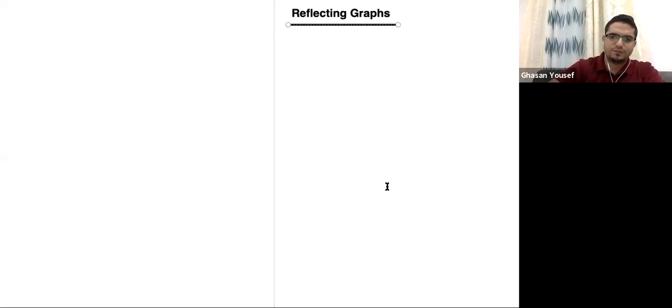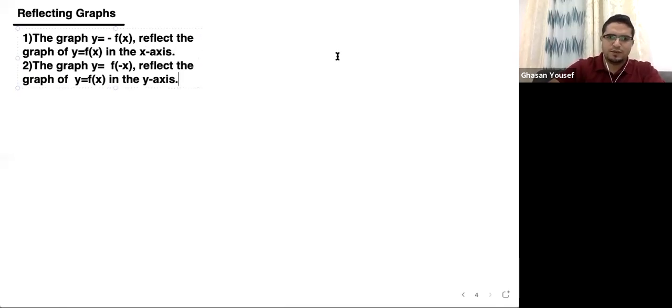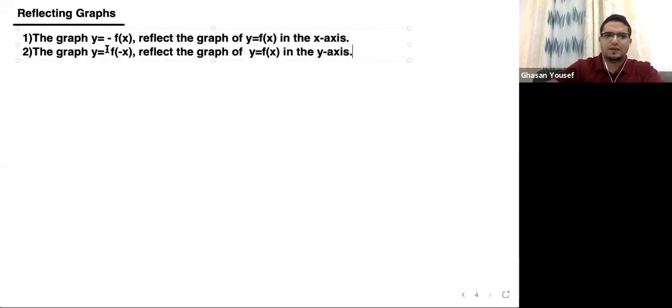So the rules are: number one, for the graph of y equals minus f of x, we have to reflect the graph of y equals f of x. This means we have to reflect the original function in the x-axis. Why? Because the minus is outside the function f of x.